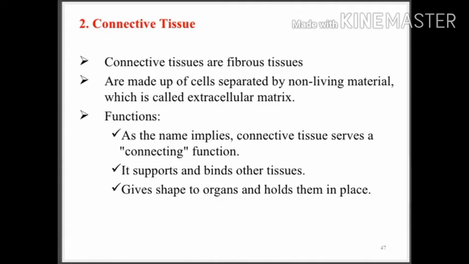These are also responsible for giving shape to the different organs, and they keep the organs in proper positions. There are in general 6 or 7 different types of connective tissues.